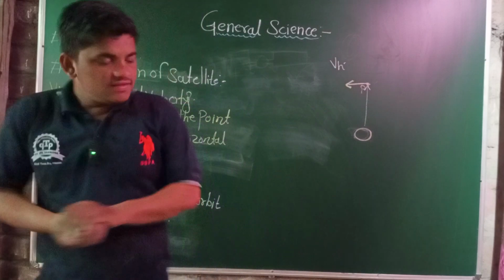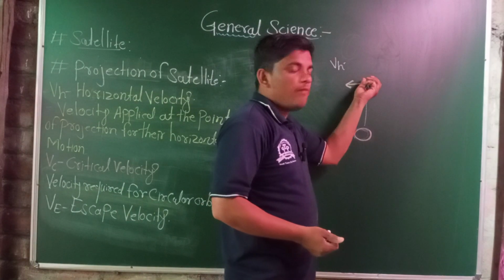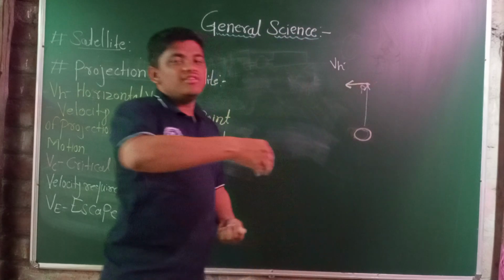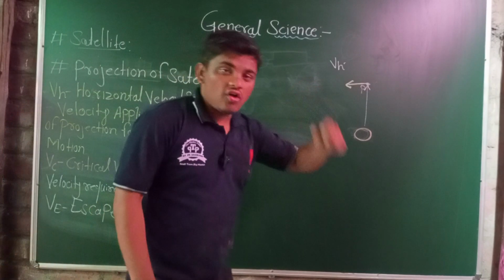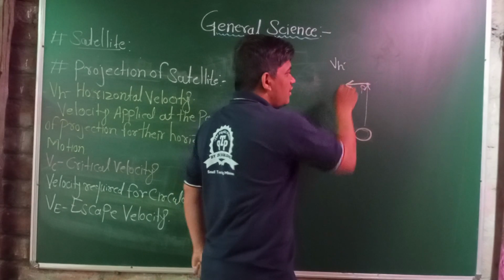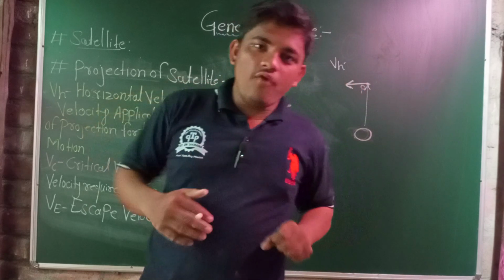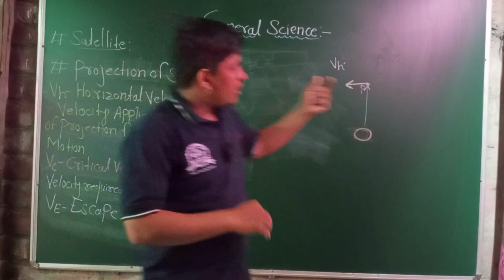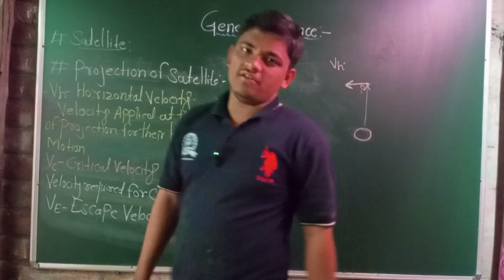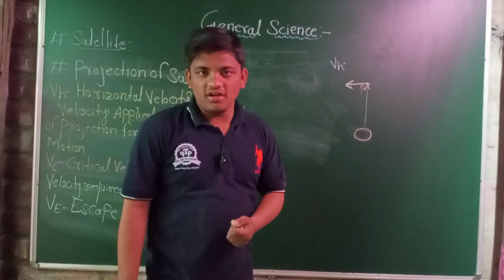First, we apply a certain force on the rocket to reach the point of projection. At the point of projection, we change the direction of the rocket using remote control, making it horizontal. At that time, we apply a certain force or thrust on the rocket to change its velocity, and this velocity is known as the horizontal velocity.